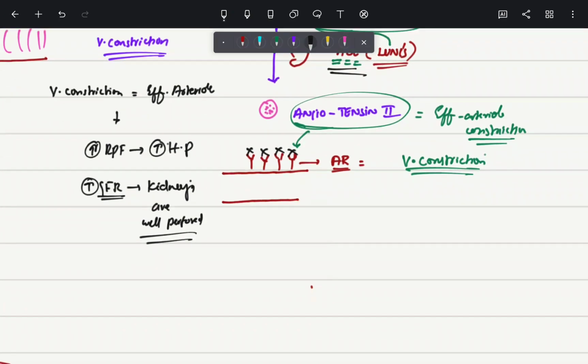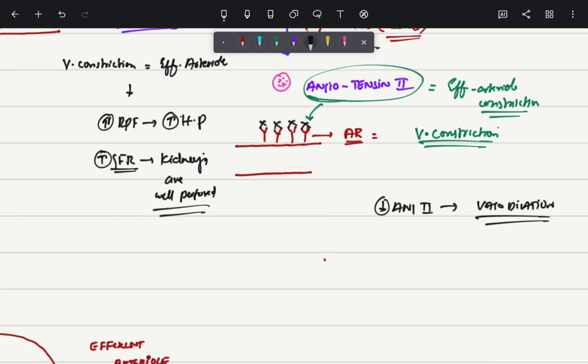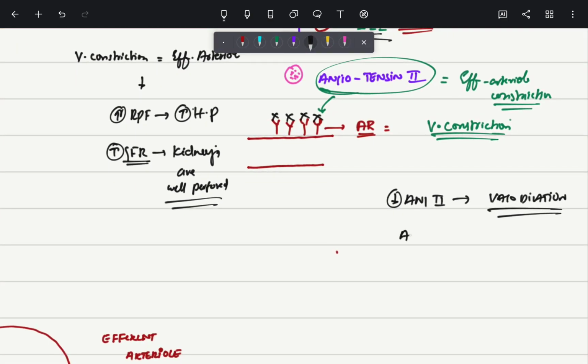In both of the cases, there will be decrease in the angiotensin 2, and this decrease in angiotensin 2 will lead to vasodilation. So now we have to understand what will happen if there is no angiotensin 2, or we have given angiotensin receptor blockers.